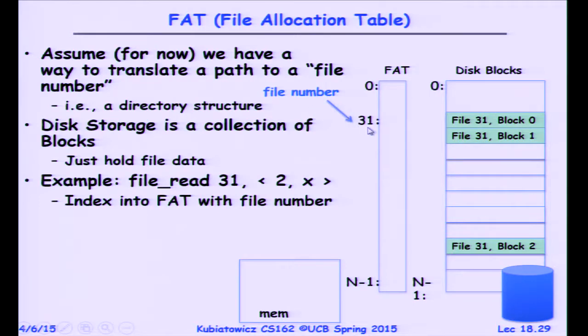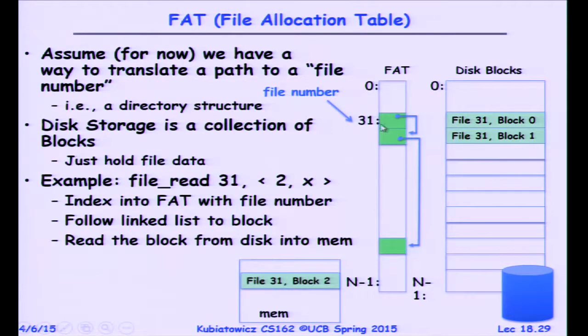So this file number is basically position 31 in the FAT table, and that is what I got back from my directory. Okay, so I looked up super secret data in my directory, and it gave me back 31. And that 31 is coincidentally the block number on the disk of the first block of the file. And then what FAT does is it just links them together.